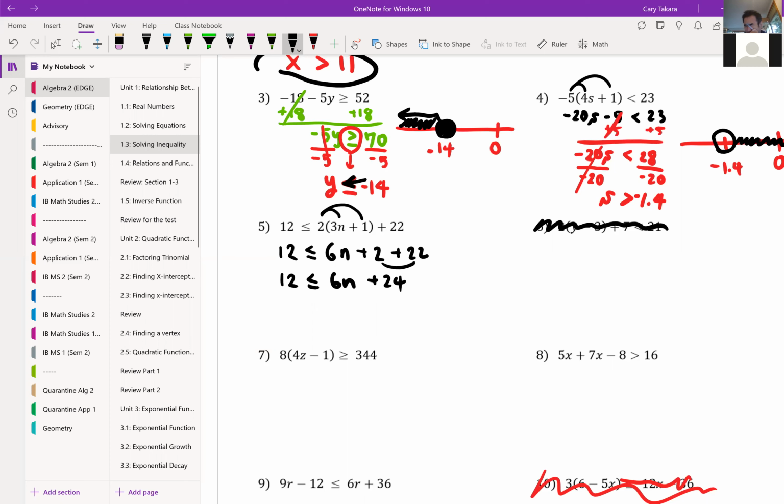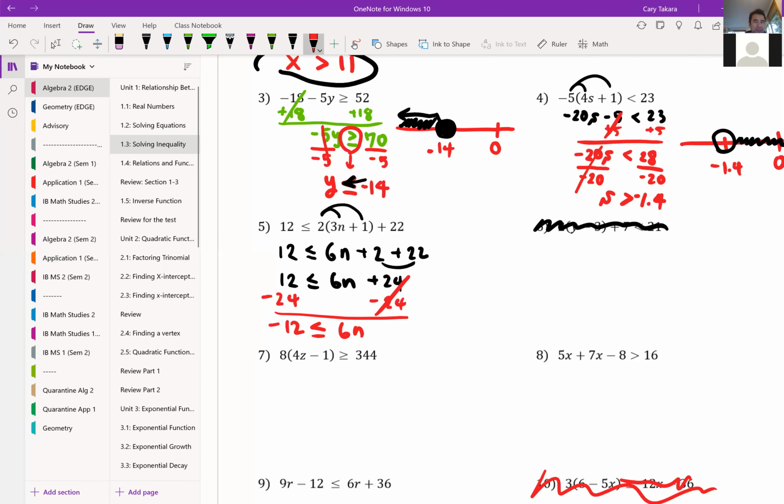So what do we do? Should we just keep n on the right side? Yeah, we can do that, right? So we're going to solve it. I'm going to subtract 24 because n is on the right side. So subtract 24, I get 6n, this negative 12.